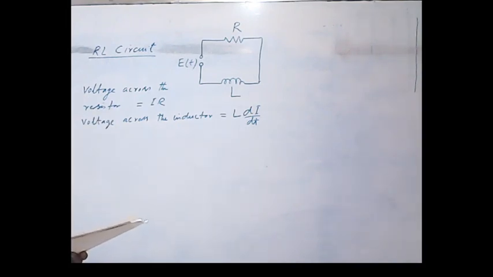So the voltage across the resistor: I is current, R is resistance, and the voltage across the inductor is equal to L di by dt.